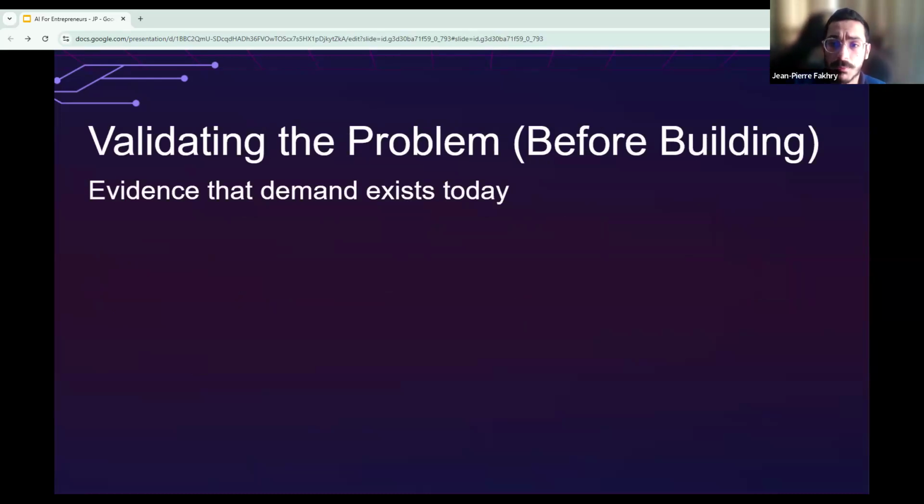Now, to validate the problem, the golden rule of lean startup thinking, made famous by Eric Ries and Steve Blank, is this: get out of the building. Do not build first. Go ahead and talk first. Your first 10 interviews are not sales calls, they are learning sessions.